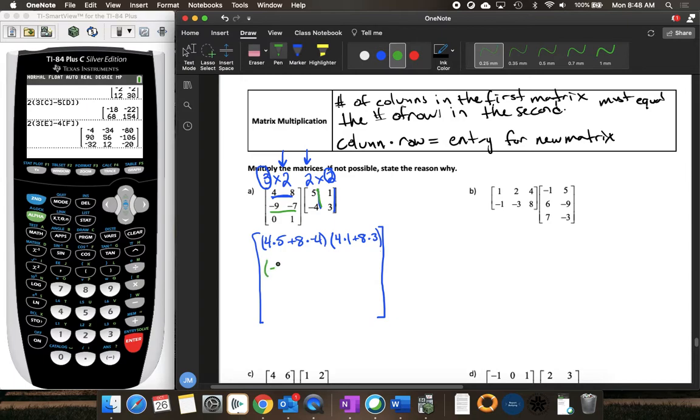So we'll take negative 9 multiplied with 5 plus negative 7 multiplied with negative 4. So again, that's taking your second row, multiplying with your first column. So that becomes the second row and first column of your new matrix. We'll then do the same, take negative 9 and negative 7, multiply those with 1 and 3. So negative 9 multiplied with 1 plus negative 7 multiplied with 3.